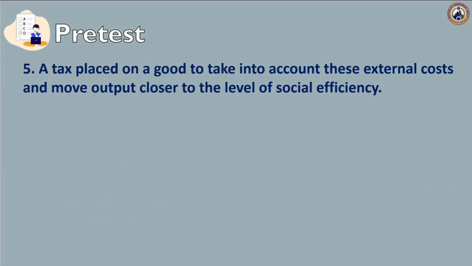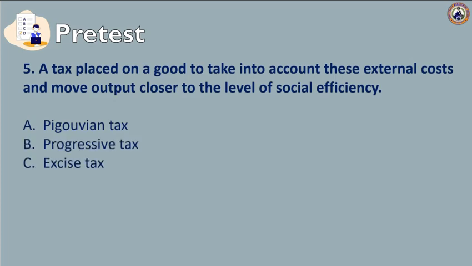And last question, number 5. A tax placed on a good to take into account this external cost and move output closer to the level of social efficiency. A. Pigovian tax. B. Progressive tax. C. Excise tax. Or D. Ad valorem tax.